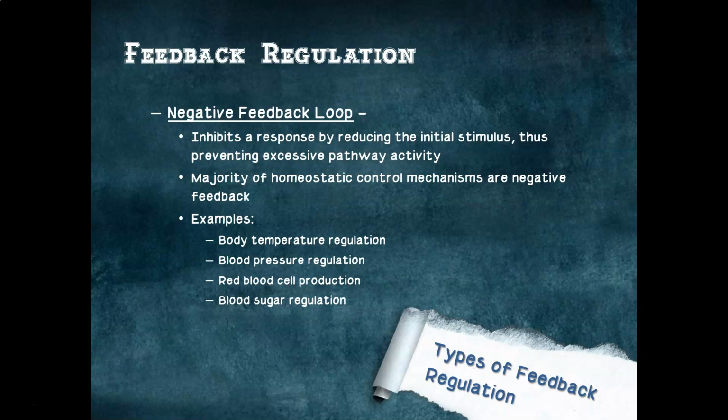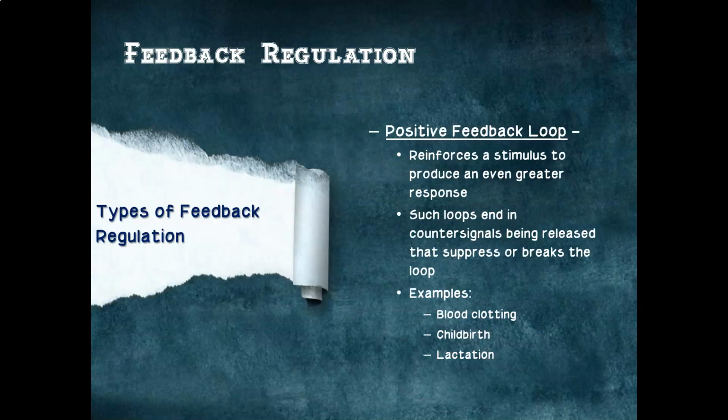That evaporative cooling then brings your body temperature back to homeostasis. Blood pressure works this way, your blood sugar regulation, red blood cell production. There's any number of feedback mechanisms that you think about, more than likely are negative feedback. So we're pushing you in one direction, and then your control system brings you back the opposite direction to keep you at homeostasis. Positive feedback, on the other hand, actually reinforces the stimulus and causes an even greater response.